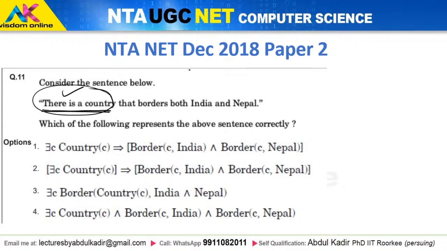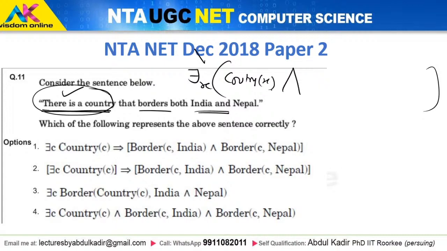What is the meaning of this? There exist X such that X is a country, and that borders with both India and Nepal. So we are saying that there exists an X such that this X is a country, and I told you with there exist we use conjunction.